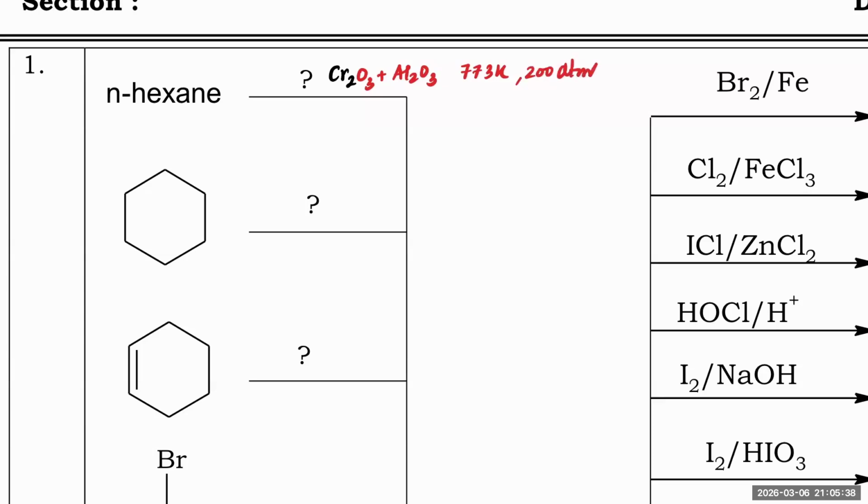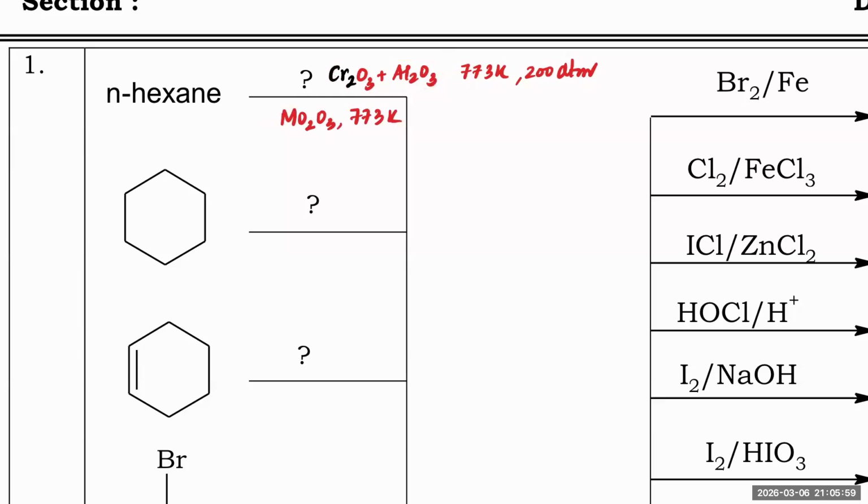Or we can use Mo2O3, same temperature, 773 kelvins. Only these two reagents: Cr2O3, Al2O3 at this temperature, or Mo2O3 at 773.